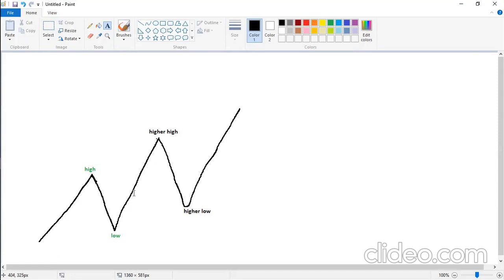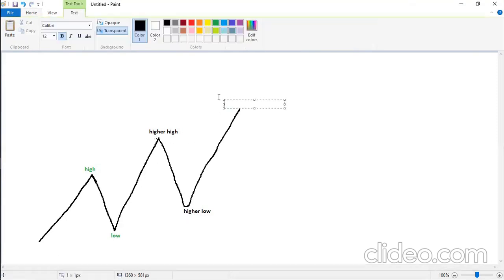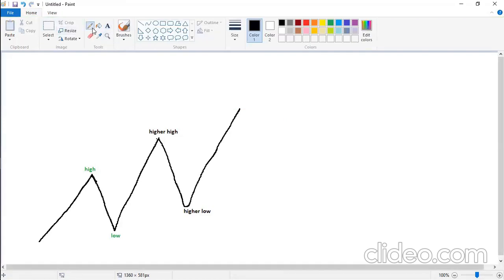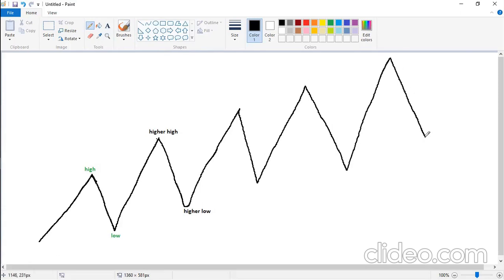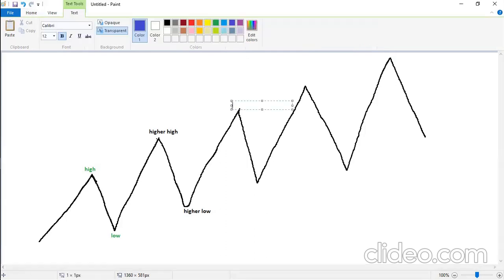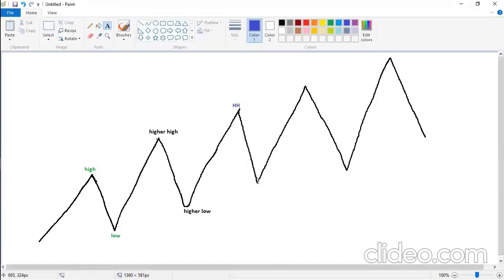Makes sense. So when the market is moving up, it's making higher highs, higher lows, higher highs, higher lows. That's how the market moves in an uptrend. The abbreviation is just HH for higher high and HL for higher low.